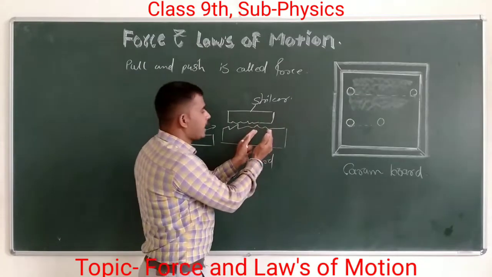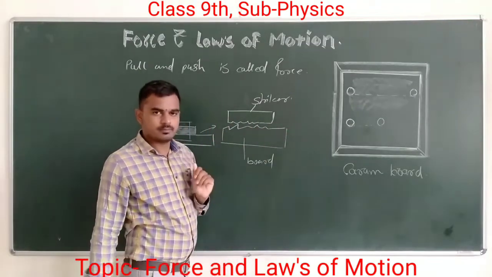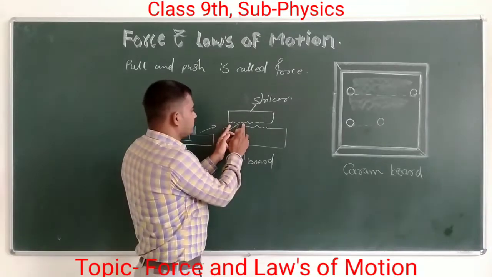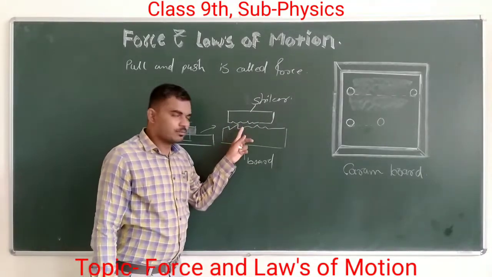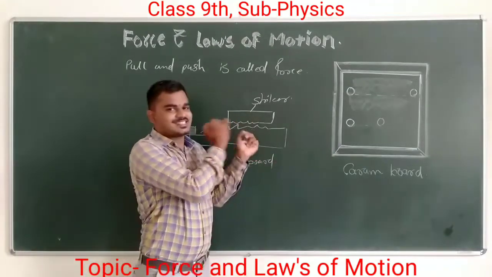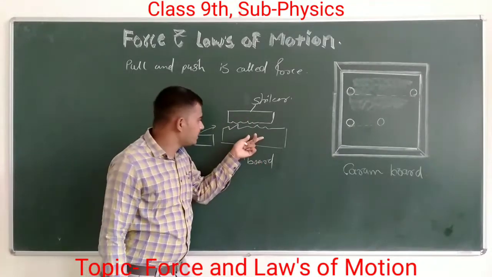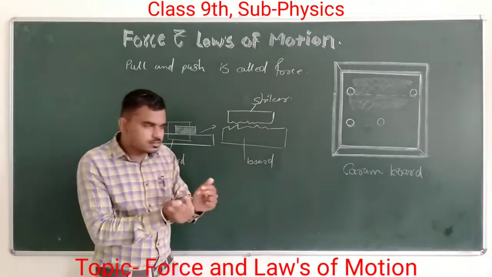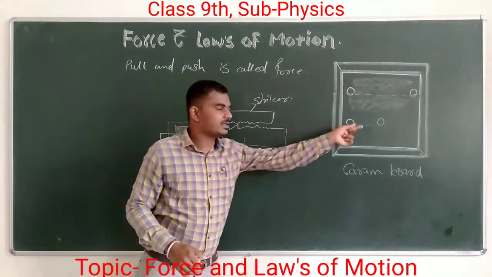It moves and after some distance it is stopped because of these obstacles. The mountains and valleys obstruct the striker and it stops. That means the board applies some force on the striker, and then the striker stops.